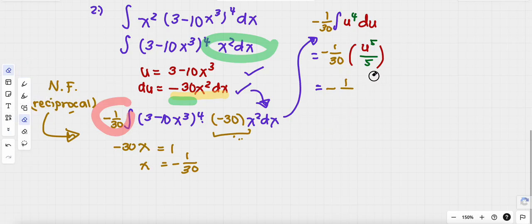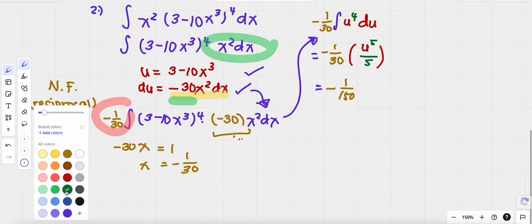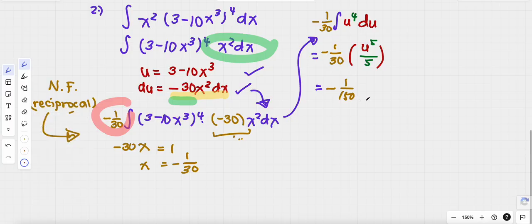So 30 times 5 is 150, then times u to the 5. Many colors. So this will be u to the 5, or you may write u to the 5 in the numerator. Let's just do that in the final answer. Next, let's restore.